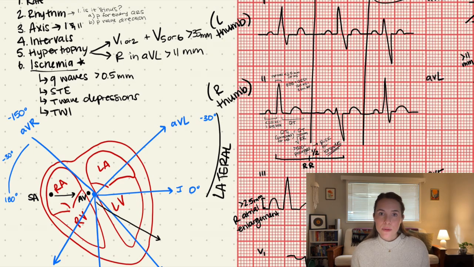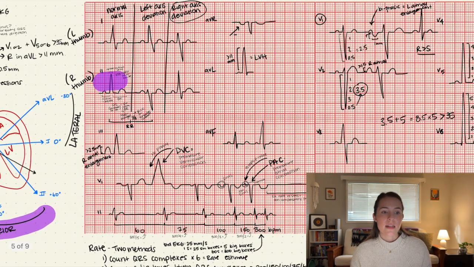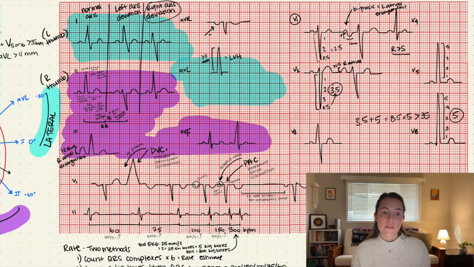All right, so let's go through the territories. The first I look at is inferior, so that's in 2, 3, and aVF, and that's typically indicating the right coronary artery or the left circumflex. Then we look at the lateral territory, which we can see in 1 and aVL, and that indicates the left circumflex. Then we look at the septum, which is seen in V1 and V2, usually the proximal LAD.